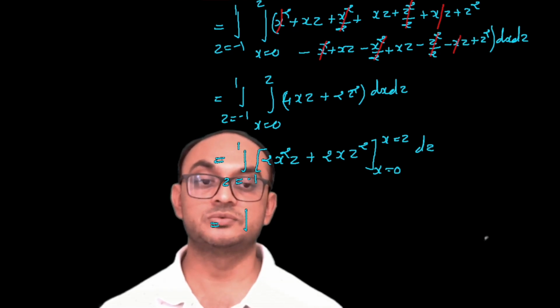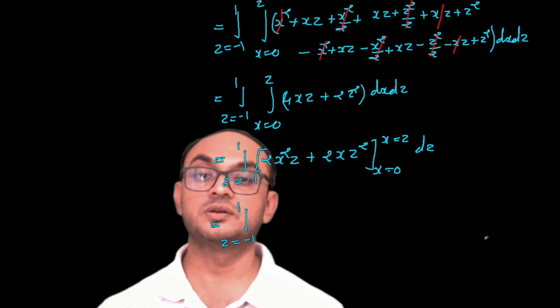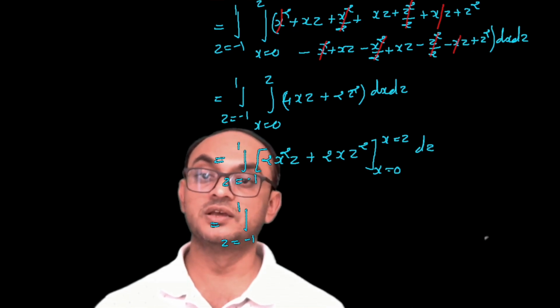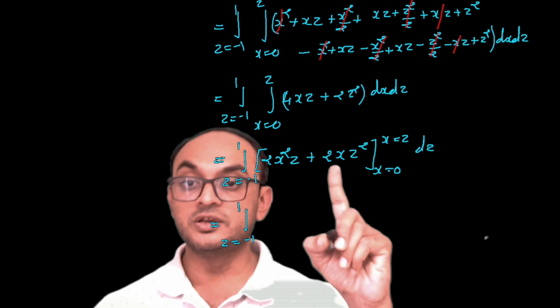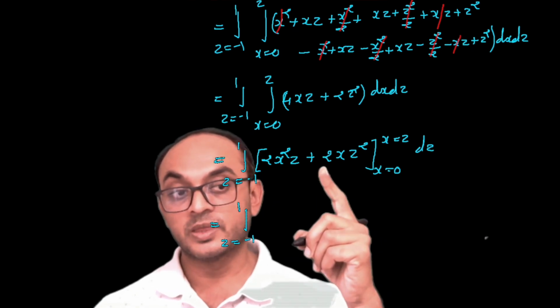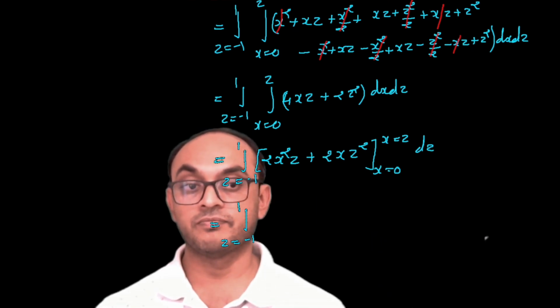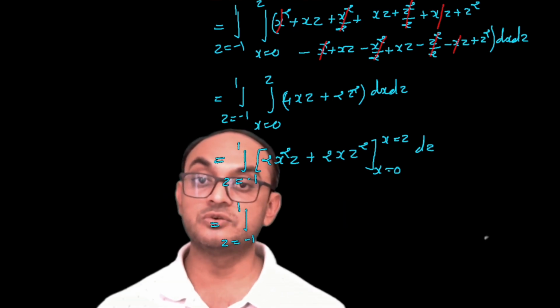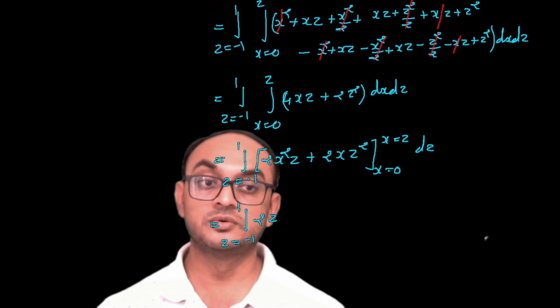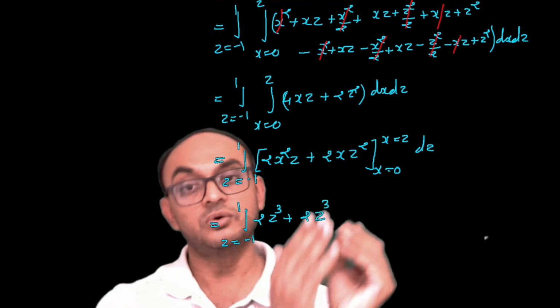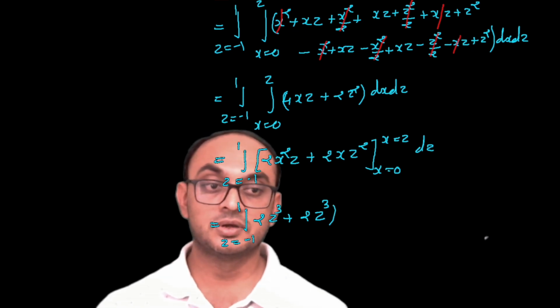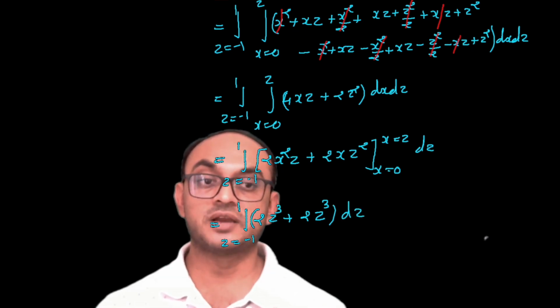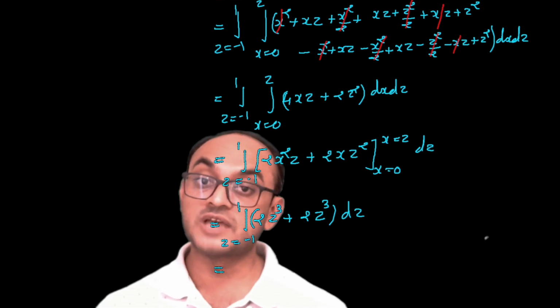Now we substitute x equal to z. This is 2x square into z. When we substitute x equal to z, this is 2z square into z, which is 2z cube, and again 2z into z square is 2z cube. When x equal to 0, both terms are 0, and then integration with respect to z. So this is equal to 4z cube.